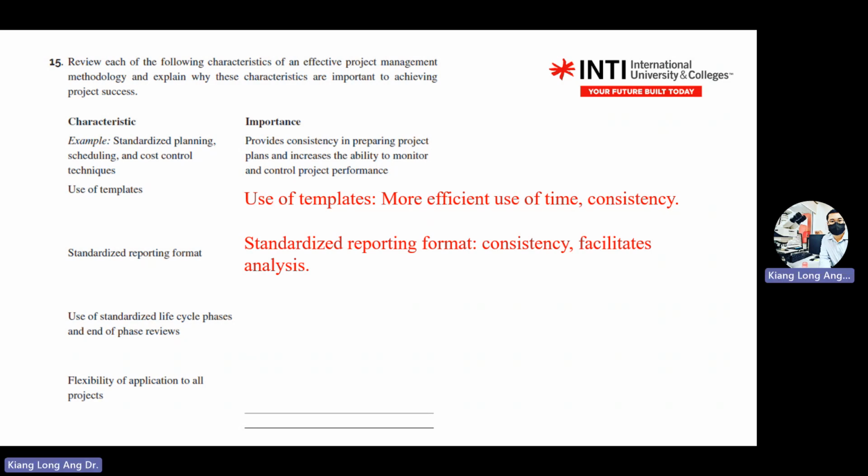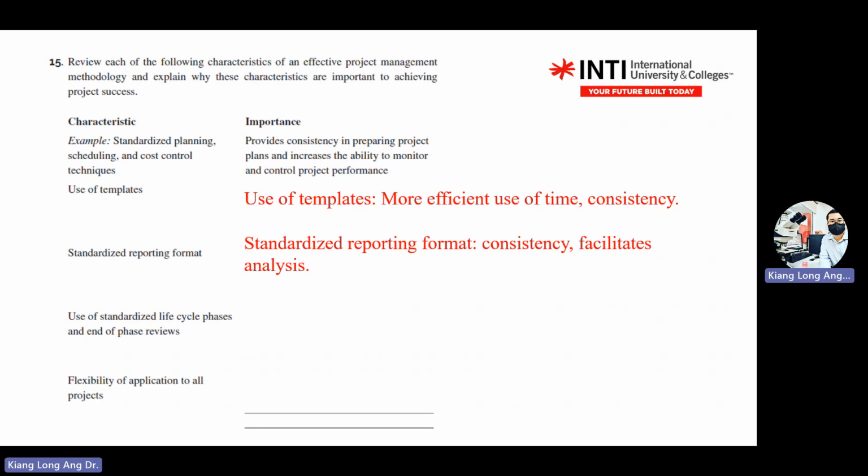For example, fiscal year 2022 and fiscal year 2023. You can compare quarter to quarter performance. So you can make comparisons and then do analysis.